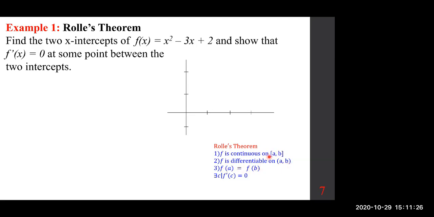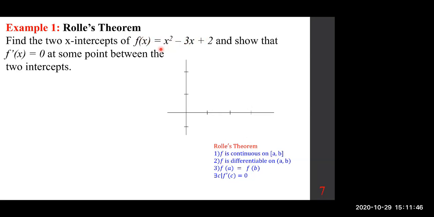Now, obviously, when we find the intercepts, we have the third one. We're going to have two intercepts and f of those points are the same. And obviously, f is continuous and differentiable because it's a polynomial function.